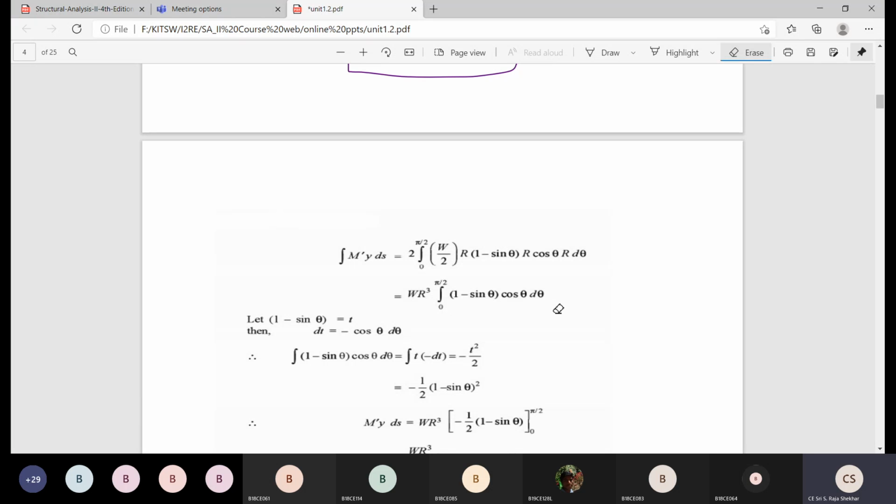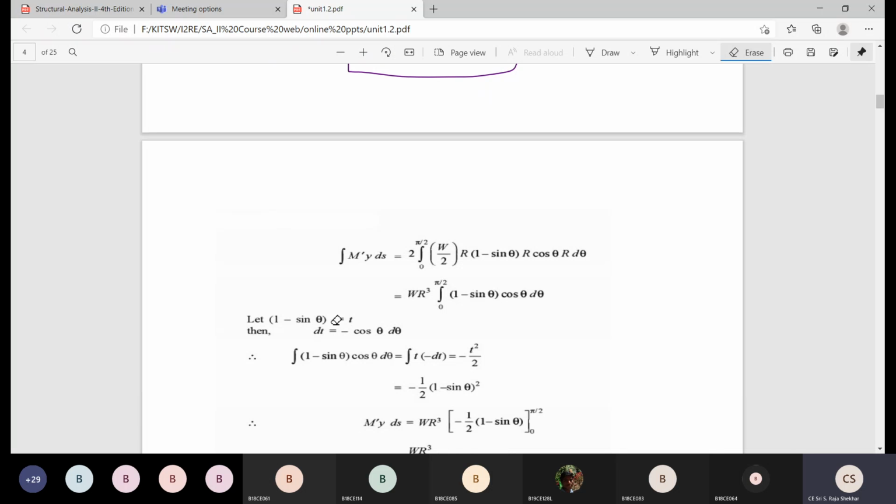You already learned this type of problem in your intermediate level. Let us assume 1 minus sin theta is equal to t. Differentiating, dt is equal to minus cos theta d theta.